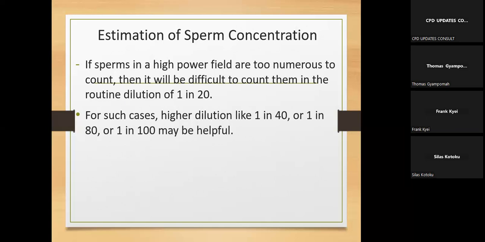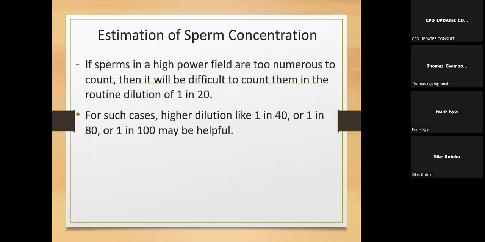Now, let's pause here and take some note. If you did a 1 in 20 dilution and saw that the sperms are just too much in your chamber, of course, you do the counting procedure and go through these things. You did the 1 in 20 dilution, and then you saw that, oh, the sperms are just too much.